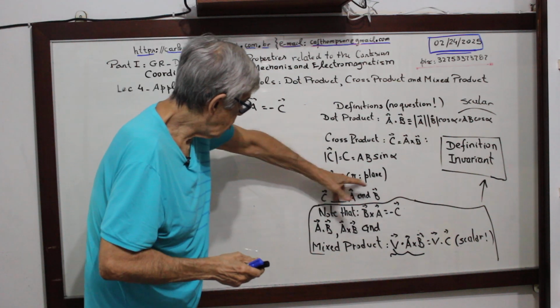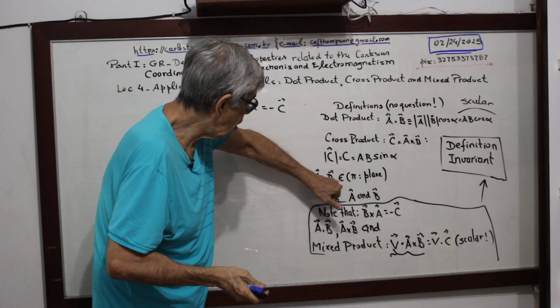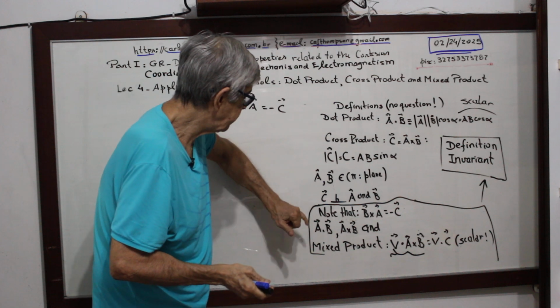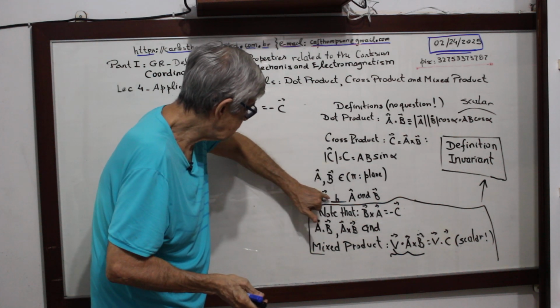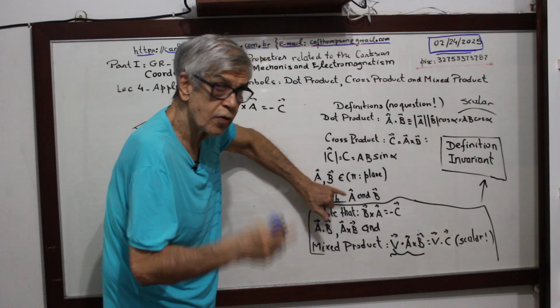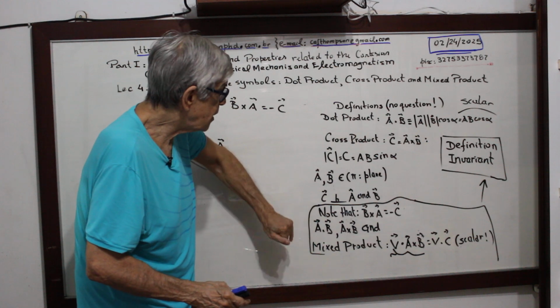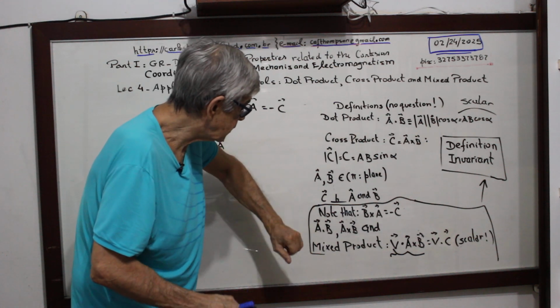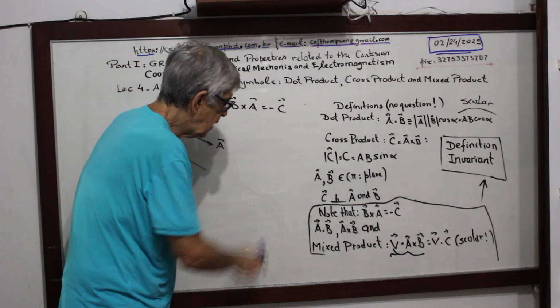And this I call attention: A, B belong to the plane pi. C is perpendicular to both A and B. Note that B cross A is minus C.